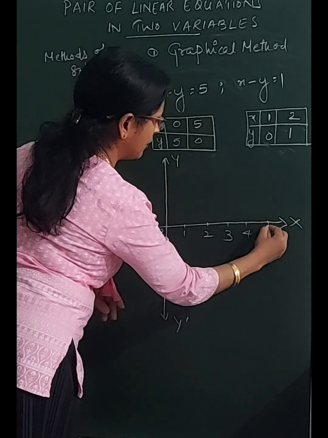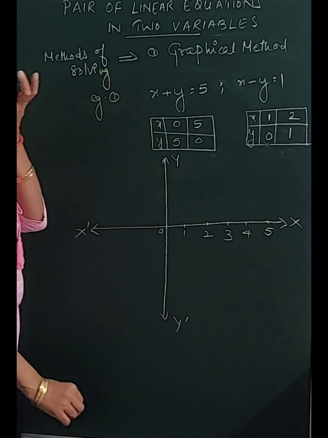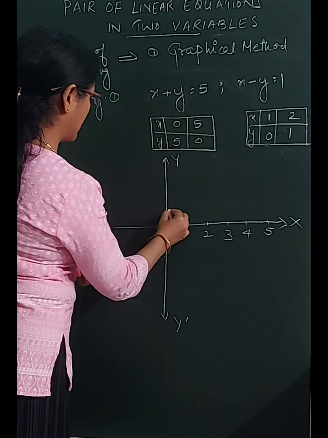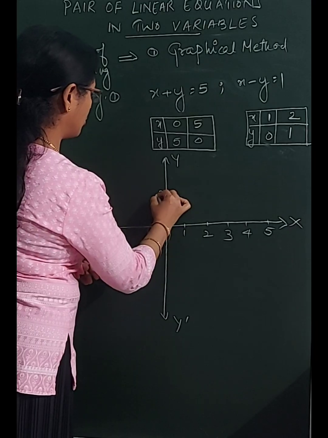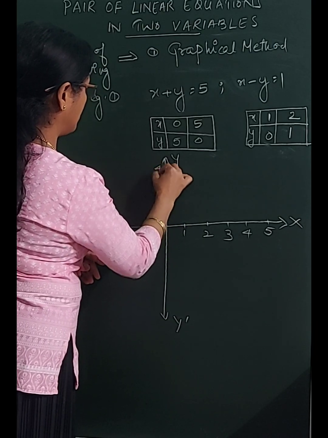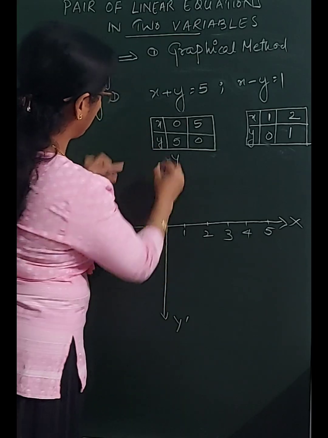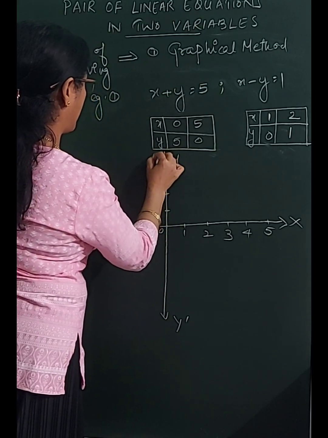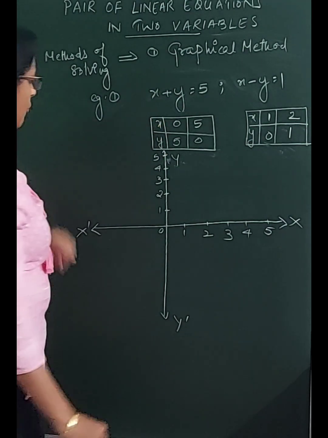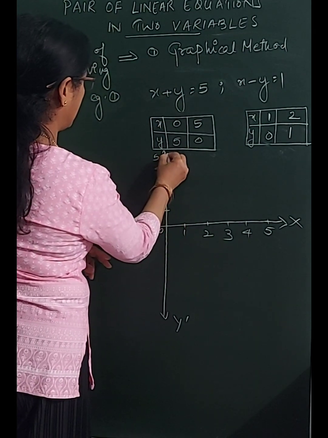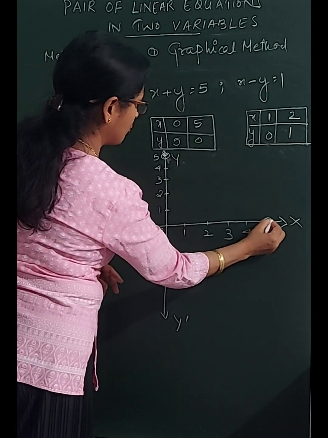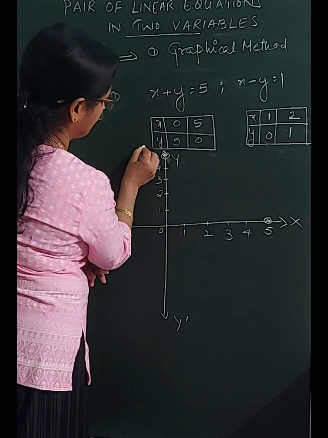We need up to 5 in the positive direction of the x-axis, and for y also we have only taken positive points, so mark it here, 1, 2, 3, 4, and I need the point 5 also, 5 here. For the first line, when x is 0, y is 5, the point (0, 5) comes here. The next point is (5, 0). Join these 2 points.